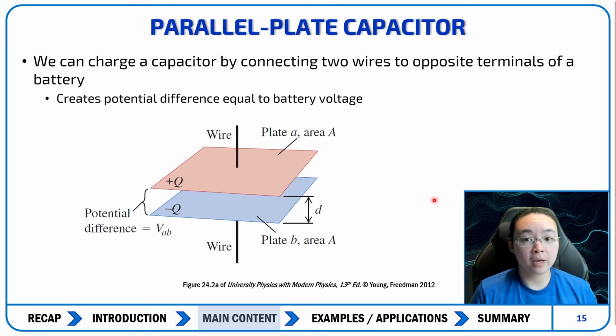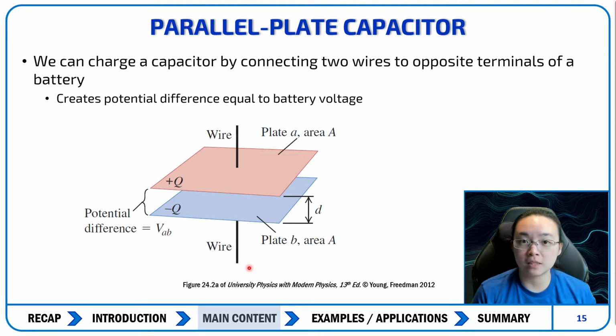We can charge a capacitor by connecting the two wires, here and here, to opposite terminals of a battery. And that is how this potential difference is created. Without this wire and without the connection to the different terminals of a battery, you will not get that potential difference that you're looking for. So if we're talking about charging a capacitor, we can think of connecting these two wires, and once the positive and negative charges are established on the conductors, we can disconnect the battery.